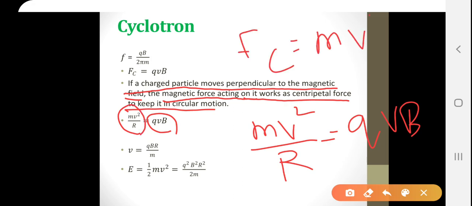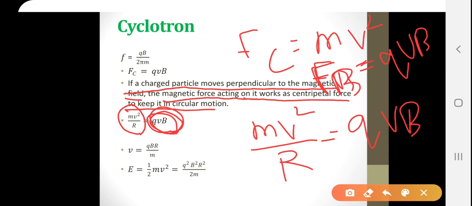And Fb equal to qvB, which is the Lorentz force of the magnetic field B. The centripetal force is equal to the magnetic force, so mv square by r equal to qvB.